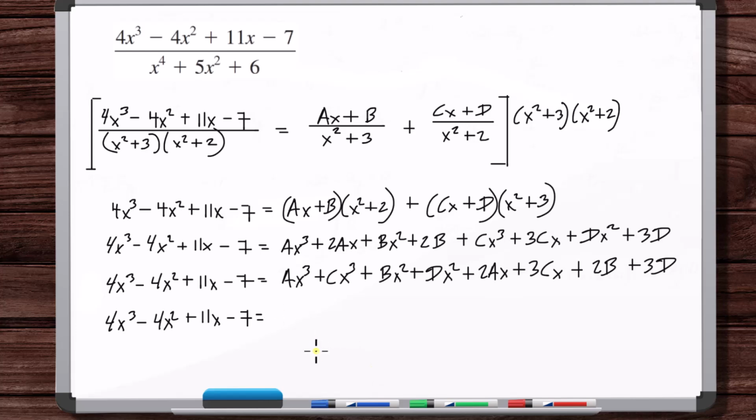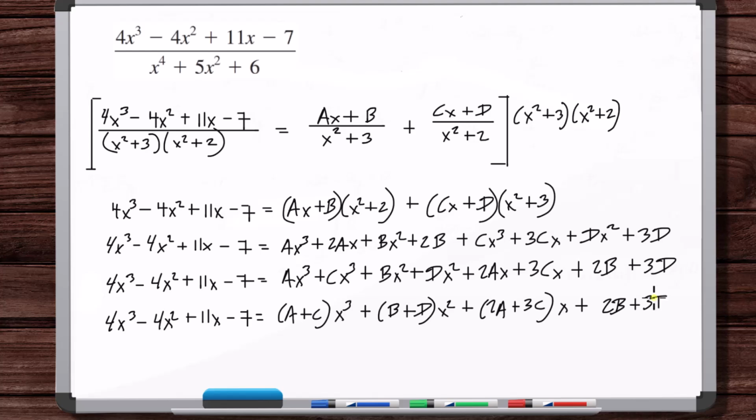So we've got a plus c times x cubed plus b plus d times x squared plus 2a plus 3c times x plus 2b plus 3d.